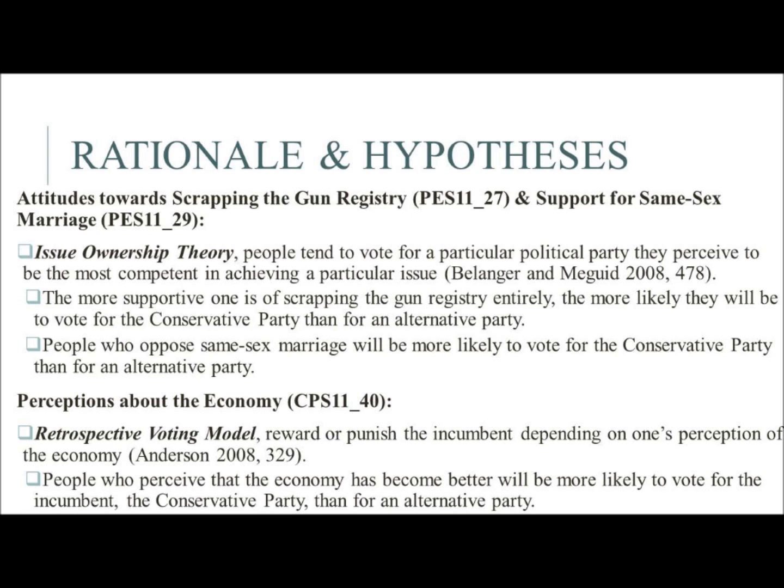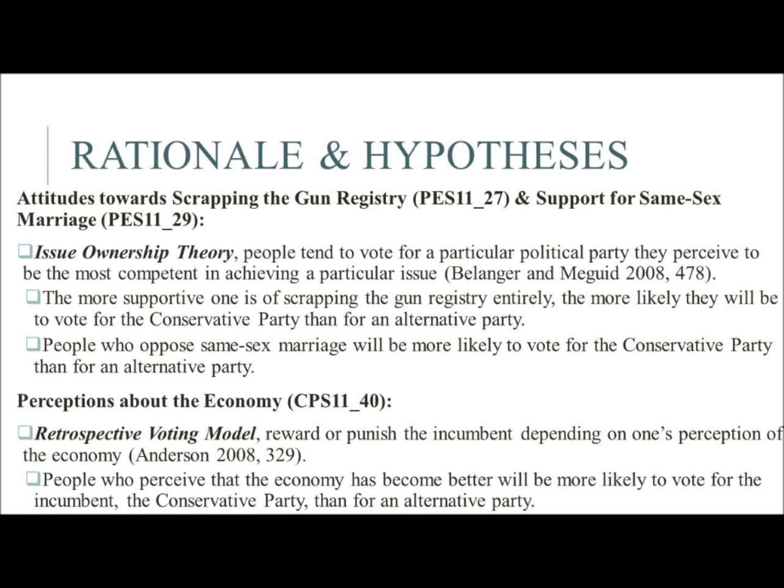As for scrapping the gun registry, because the Conservative Party supported scrapping the gun registry and the NDP and the Liberal Party opposed it, I hypothesize that the more supportive one is of scrapping the gun registry entirely, the more likely they will be to vote for the Conservative Party than for an alternative party.